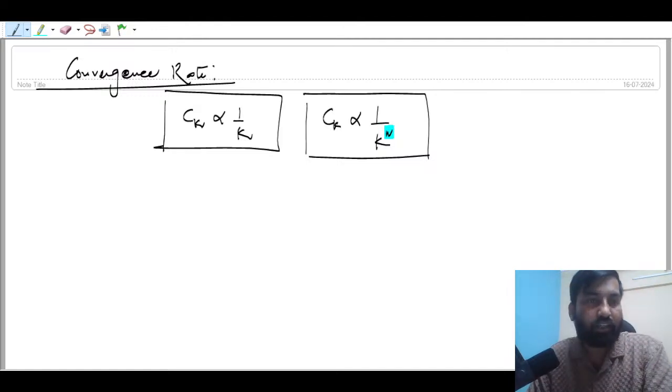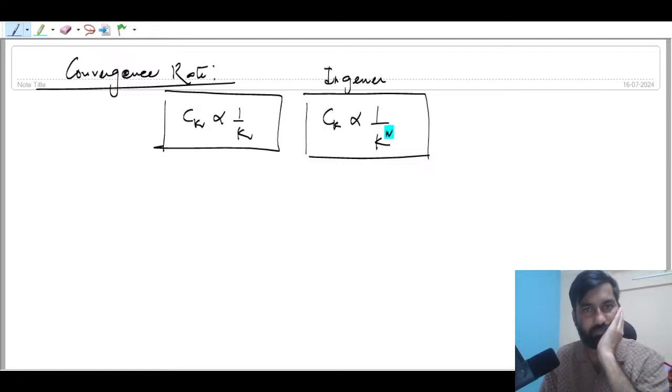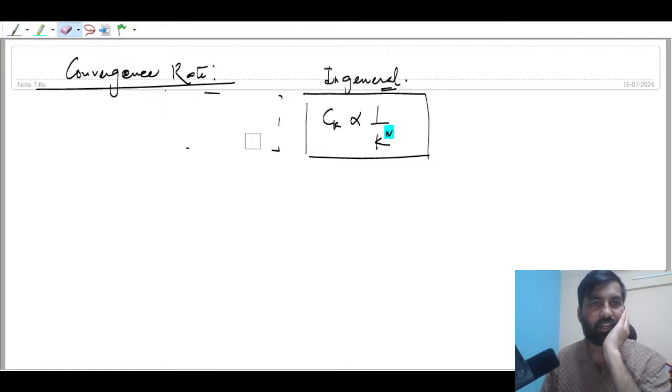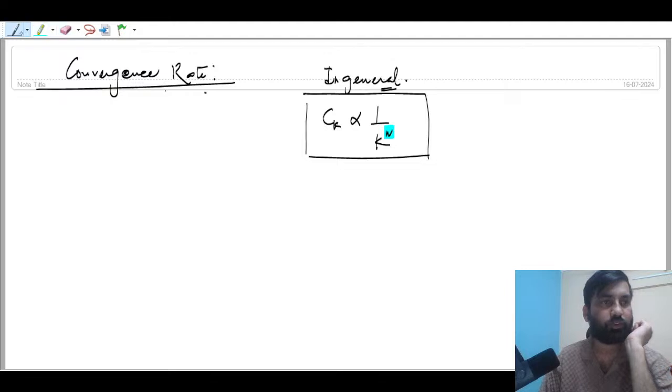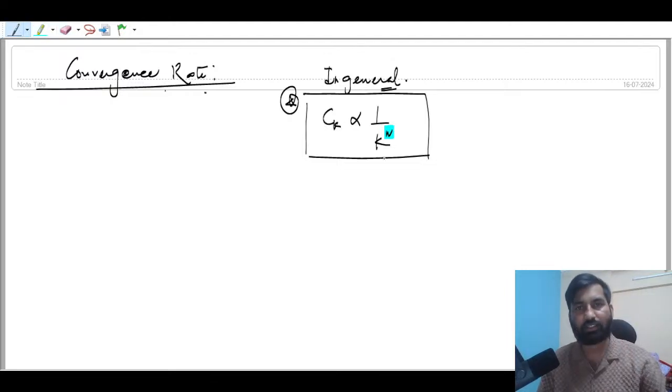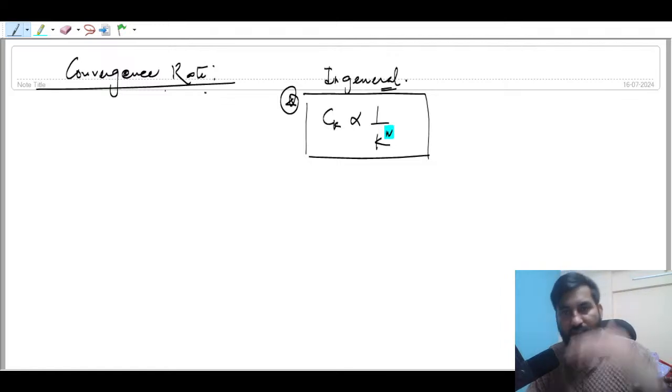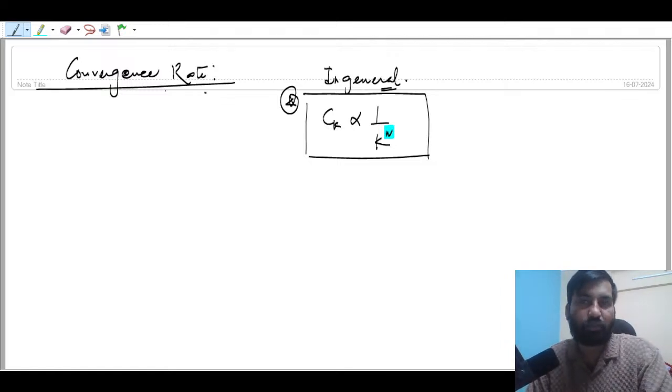Whenever you compute Fourier series coefficients, you will find that k always sits in the denominator, so Ck is proportional to 1 by k to the power n.